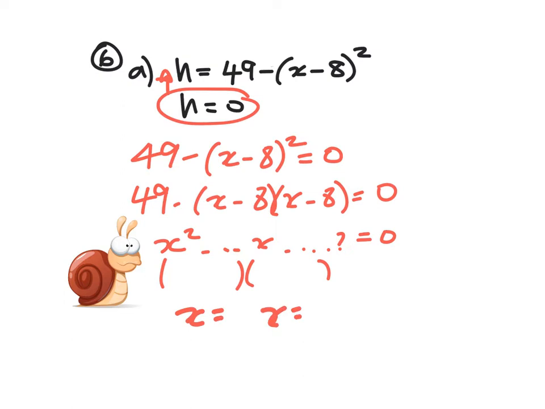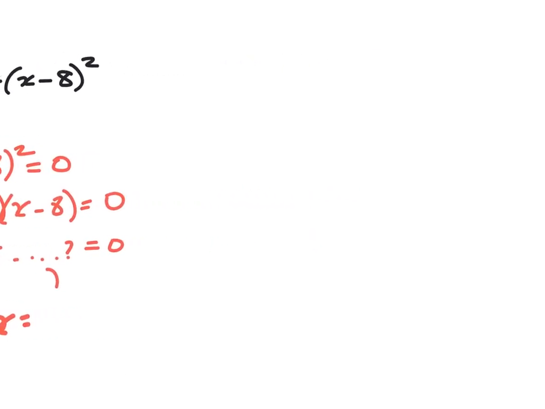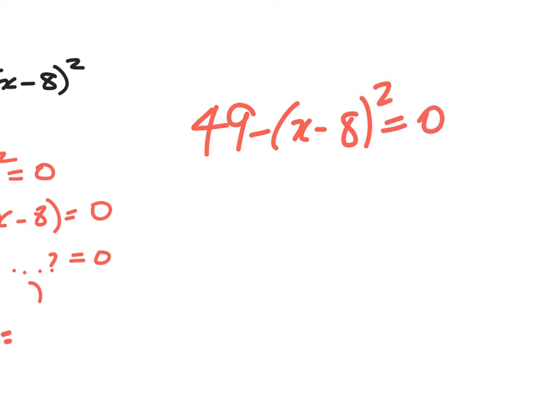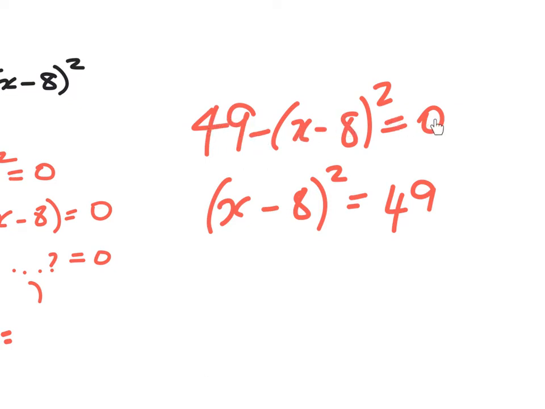Okay, there is another way of doing this question. The other way of doing the question is, if you've got 49 take away (x minus 8) squared is equal to 0, then that means (x minus 8) squared must be 49. How do I know that? Because 49 take away what equals 0?